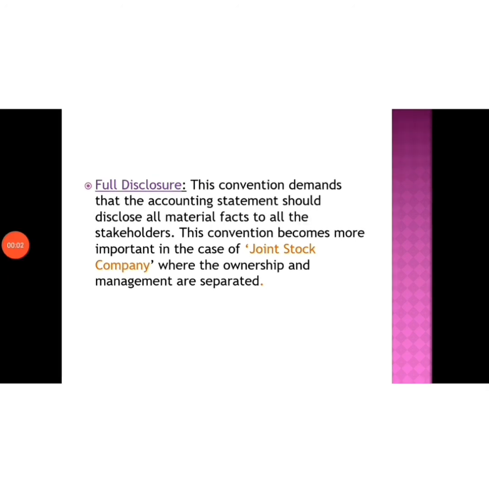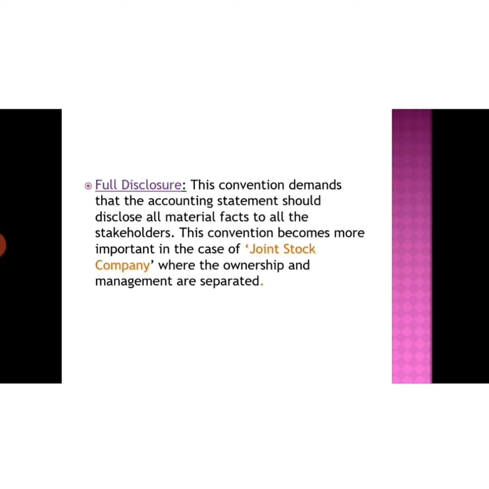This concept gains importance when it comes to a joint stock company where the management is separated from the shareholders or the actual owners. The management is the one who is actually working in the company, but the shareholders or the owners of the company just come in during a shareholders meeting, maybe twice a year or once a year.